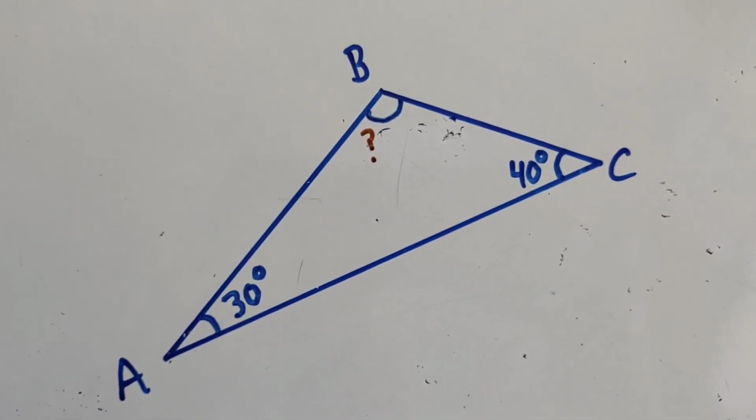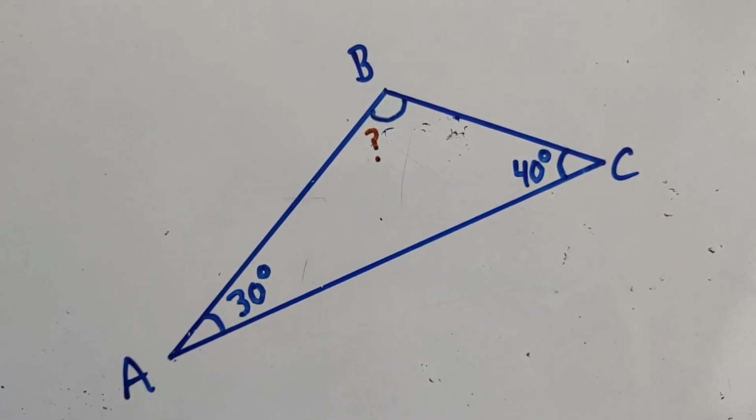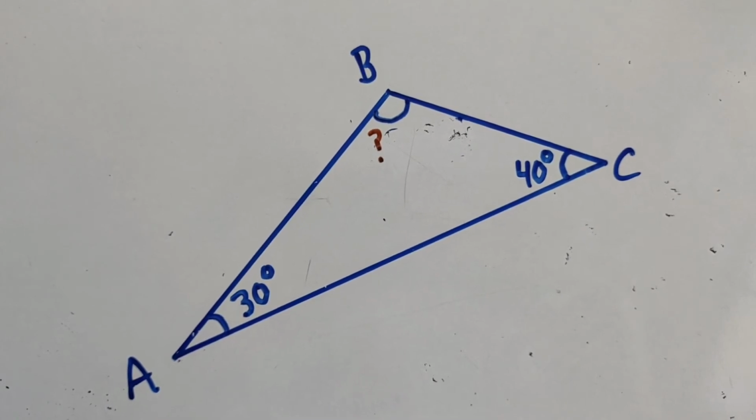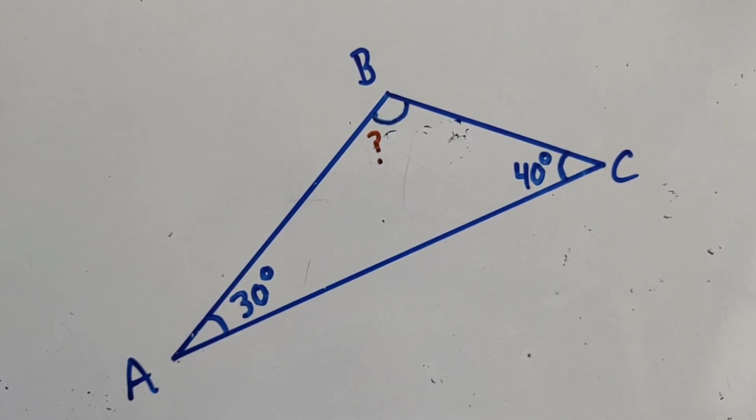Okay, welcome back. So we know that all three angles together need to add up to 180 degrees because in a triangle, it's always true that when you add all three angles, the sum's 180 degrees.